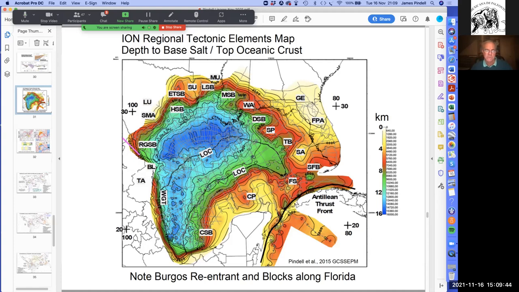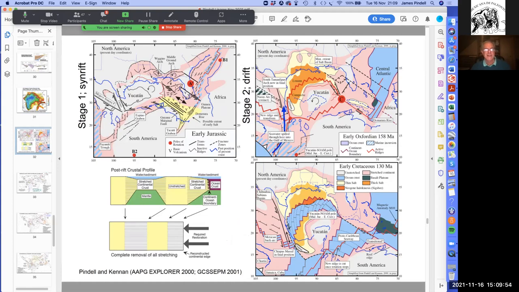And then the stage 2 rotation of Yucatan will form the oceanic crust between the rifted margins, right? So that's just the same as our very first slide. We have to stretch this northwest southeast, and that creates something like this. And then we have to rotate Yucatan while South America continues to move away farther.